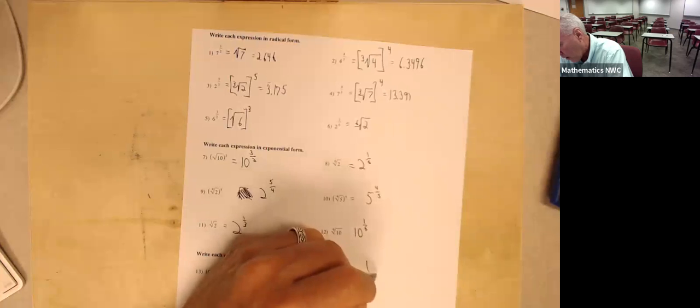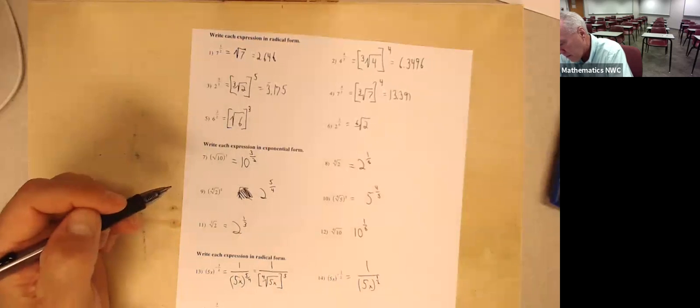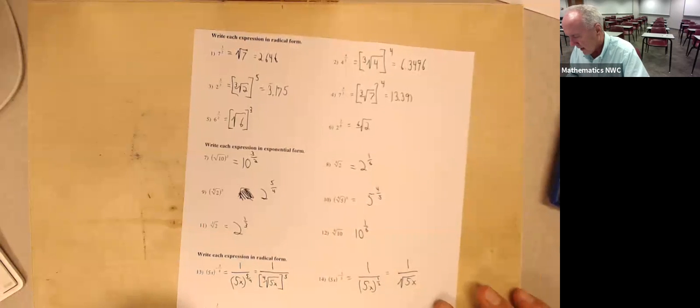This one, it would have been 1 over the whole quantity in the denominator. Now I make it a positive exponent. That would be then 1 over the square root of 5x. And again, hopefully not that challenging for you to get through.